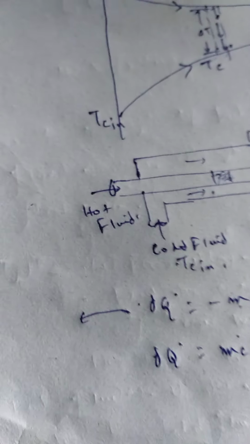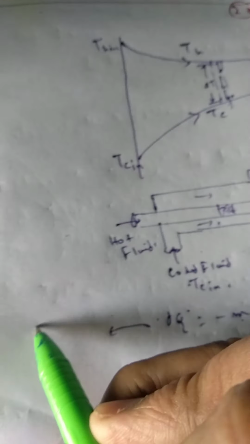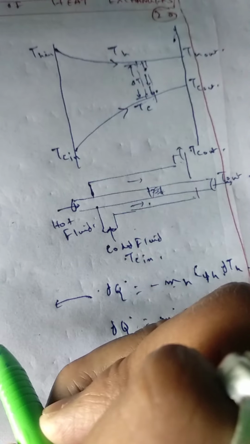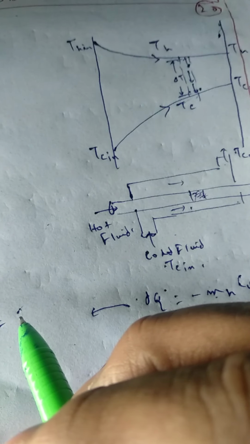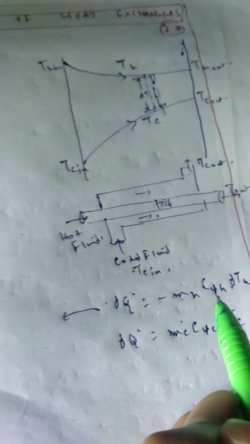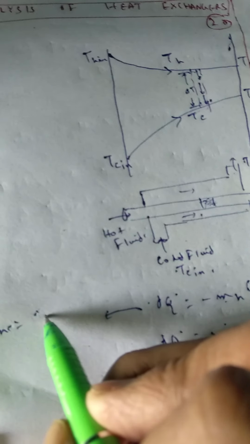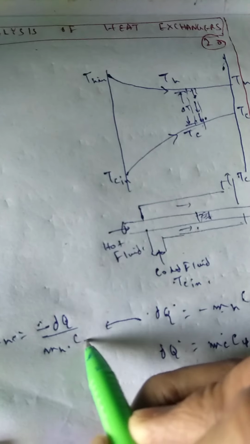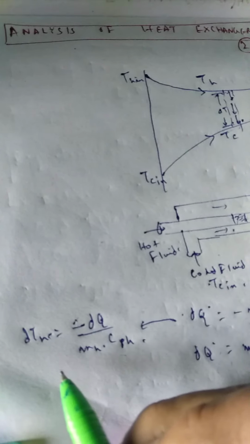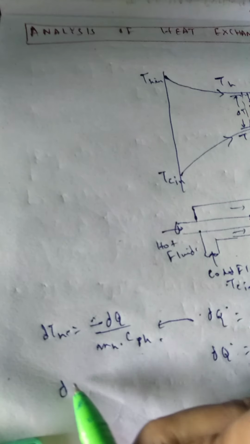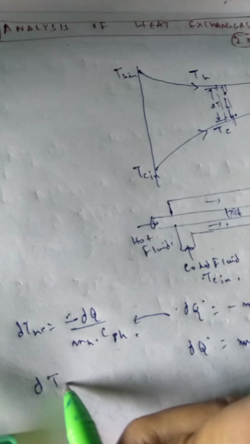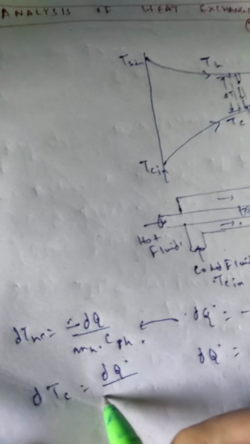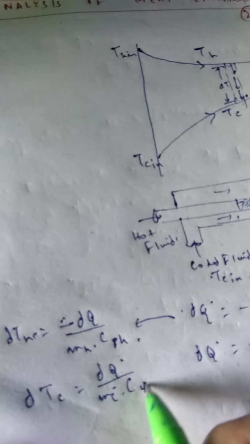From here you get dTh is equal to minus dQ by mH into Cph, and dTc is equal to dQ by mC into Cpc.